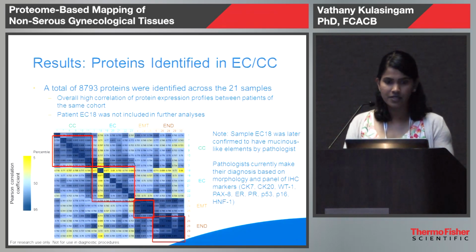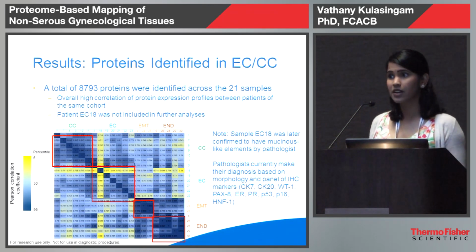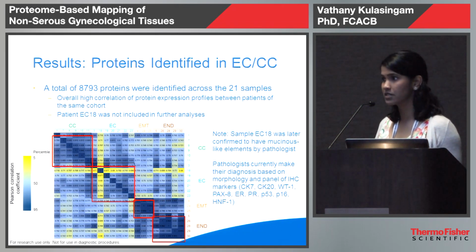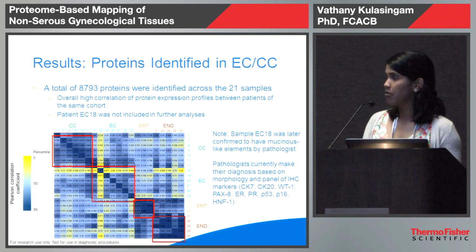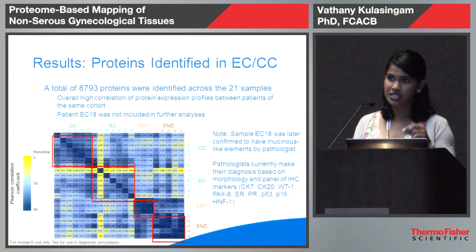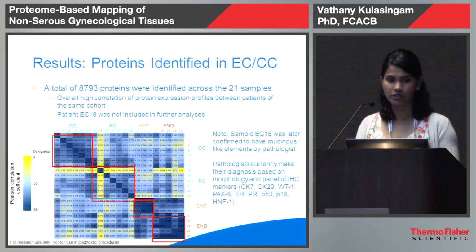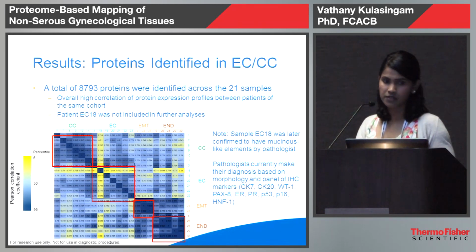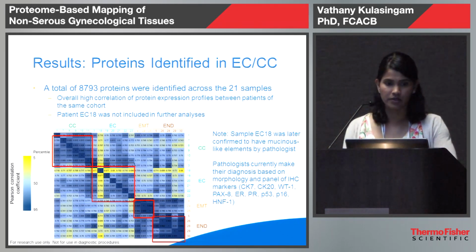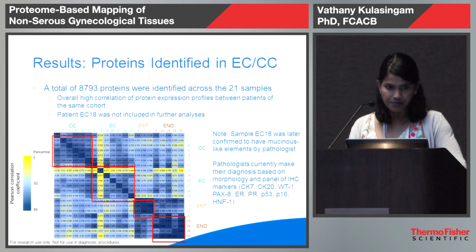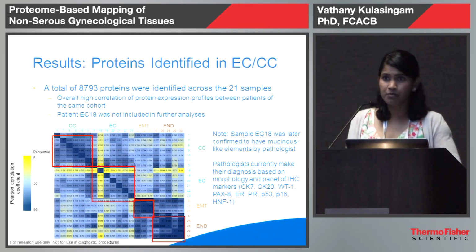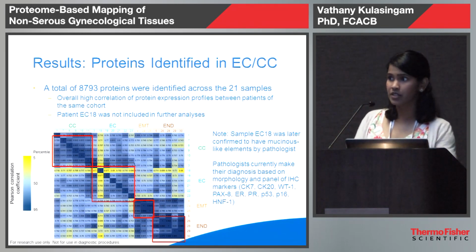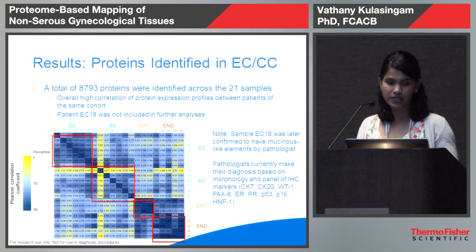And we actually identified many of the mucinous and the endometrioid and even the clear cell carcinoma markers, and we did not identify any of the serous-specific immunohistochemistry markers, such as P53, WT1, or CK7. So that was pretty good news. It's consistent with immunohistochemistry. We identified known markers.